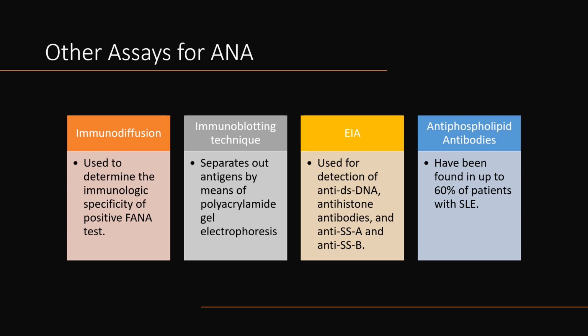We have the EIA, which is used for detection of anti-double-stranded DNA, anti-histone antibodies, and anti-single-stranded A and anti-single-stranded B. Antiphospholipid antibodies is the fourth one, which have been found in up to 60% of patients with SLE.